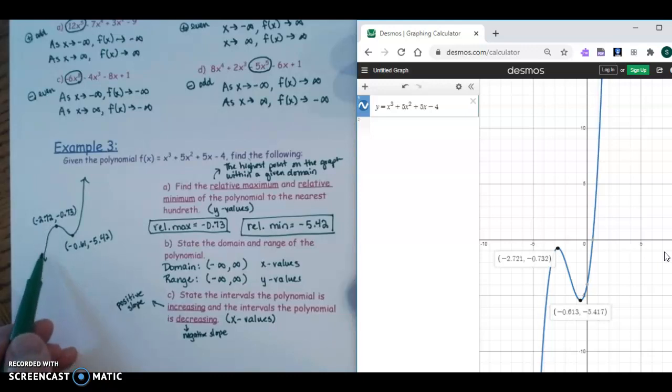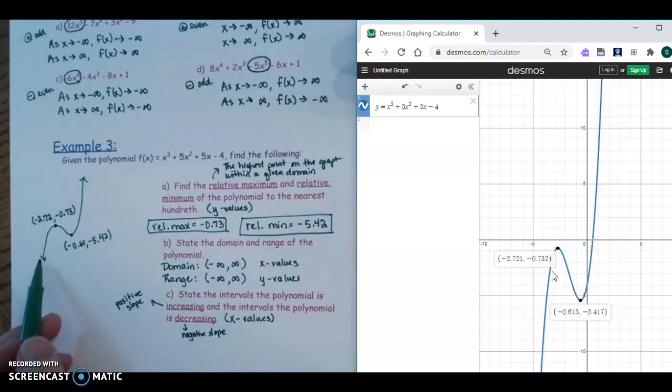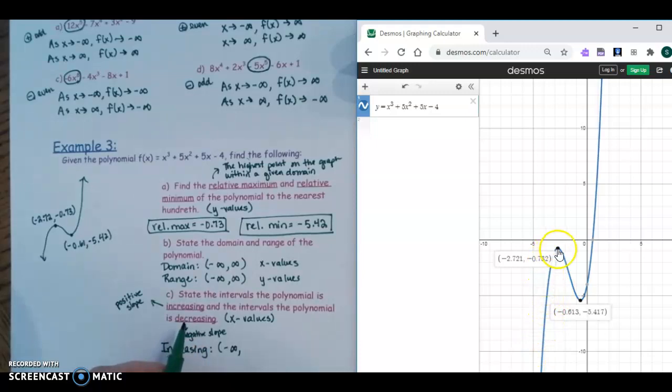So if I look at this part of my graph, or if you want to come over to Desmos and look at it here, this would be positive slope, okay? So we're rising, going up a hill. Think of it that way. So the x values, I would start at negative infinity. And back over to Desmos, we're going to rise all the way to this turning point. So at this turning point, my x value is negative 2.72.